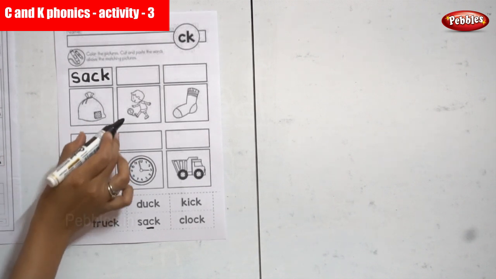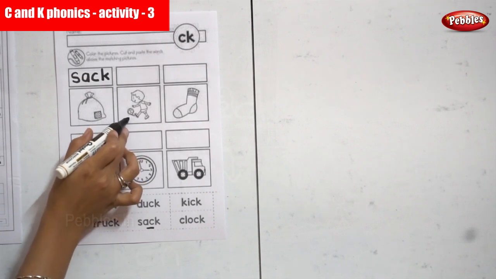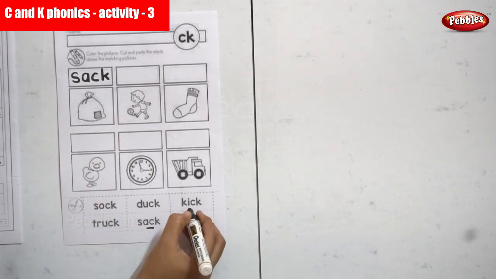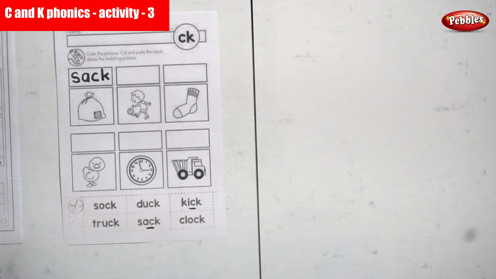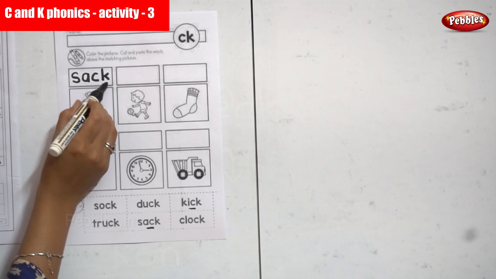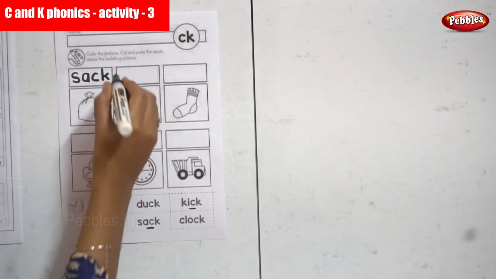Now what's the next picture? Yes, kick. Can you see the boy kicking the ball? So it's called kick. Now where's the spelling for kick? Here. So we are finished with kick. And I also want you to notice that C and K, that's your sound K, is together. Now kick.